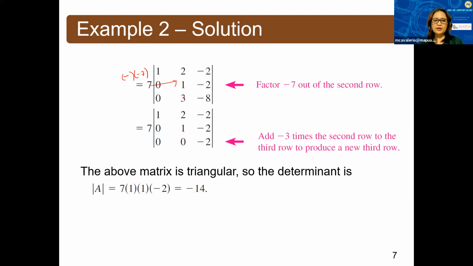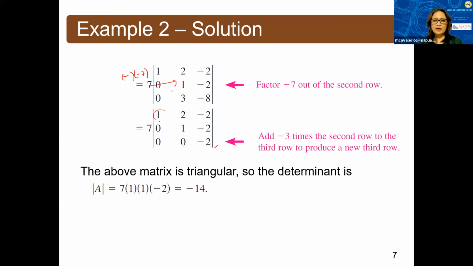And the next thing is to make this 0 so that we can already have a triangular matrix. We are ready to convert 3 to 0. Let's say we multiply row 2 by negative 3 and add that to row 3, so that we have negative 3 times 1 is negative 3 plus 3 is 0. Then negative 3 times negative 2 is positive 6, and 6 plus negative 8 is negative 2.